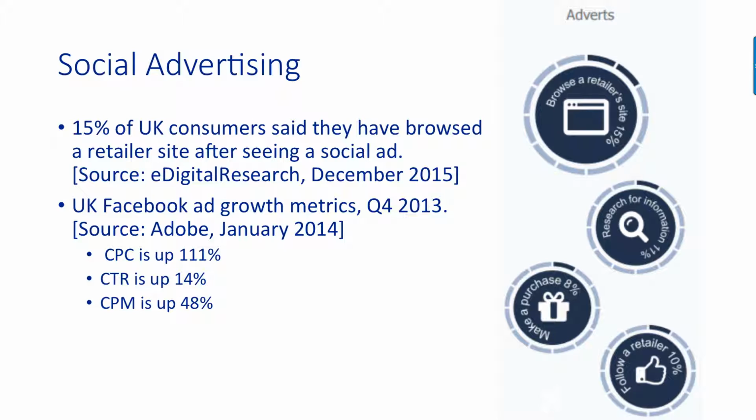UK Facebook ads grew considerably since 2013. CPC is up 111%, CTR is up 14%, and CPM is up 48%. CPC is an abbreviation of the paid search advertising term cost per click. So really what that means is whenever you procure advertising through a vendor, whether that's social or Google, you can request to pay the CPC.